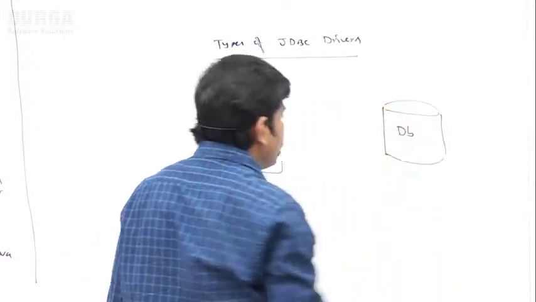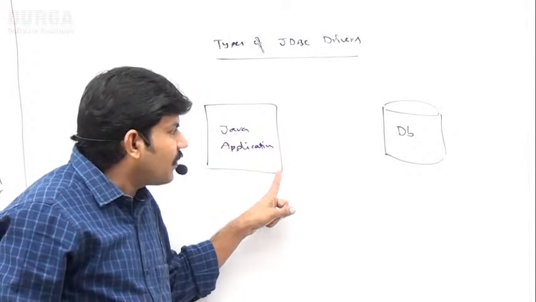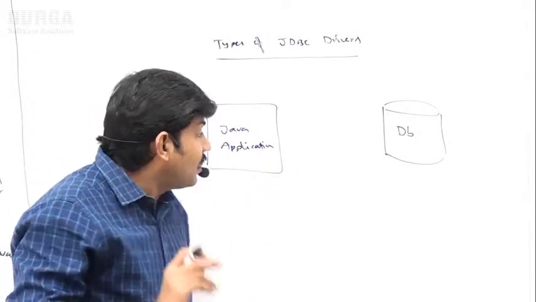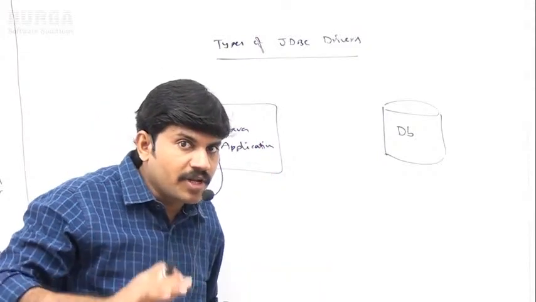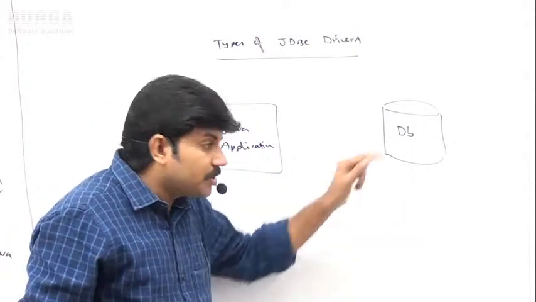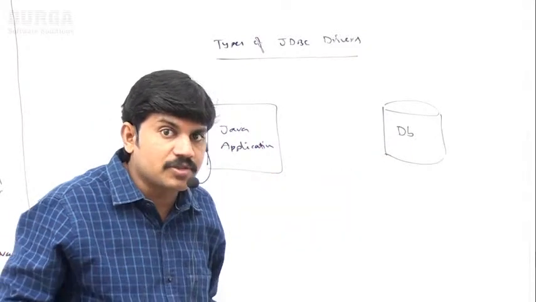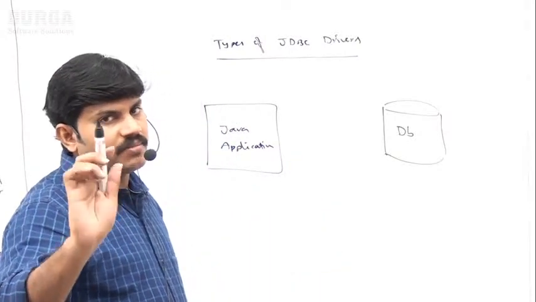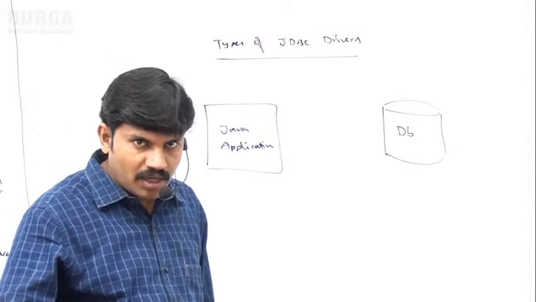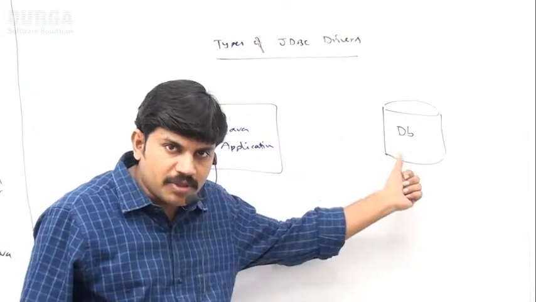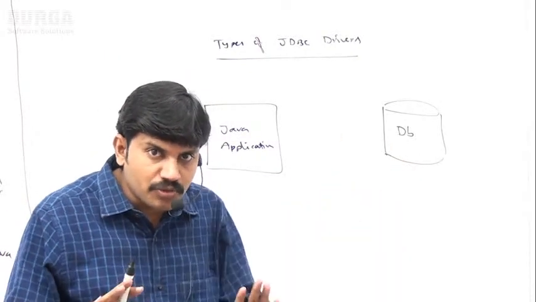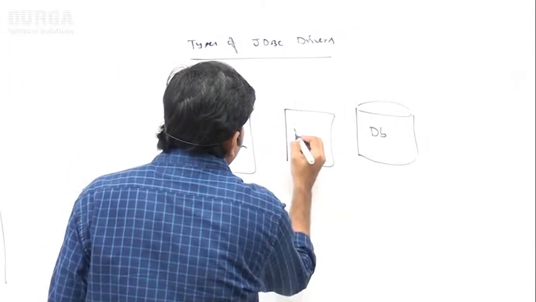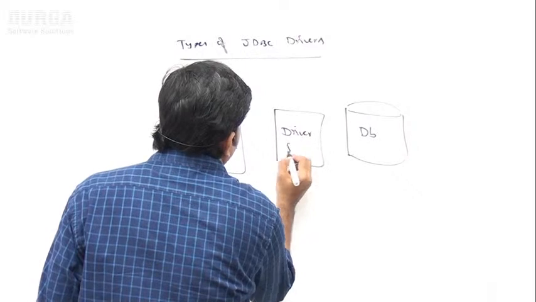From the Java application, if you want to communicate with the database, our Java specific calls we have to convert into database specific calls, and database specific calls we have to convert into Java calls. Compulsorily some translator is required to convert Java calls into database specific calls and database specific calls into Java calls. This translator is nothing but driver software. Have you remembered, right?